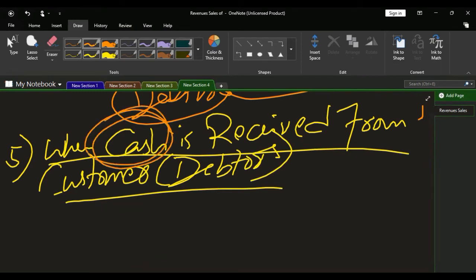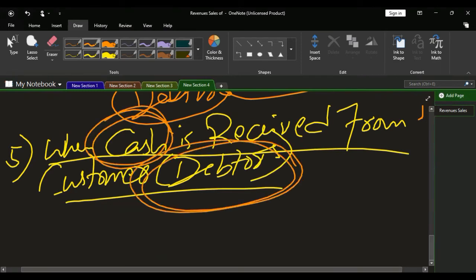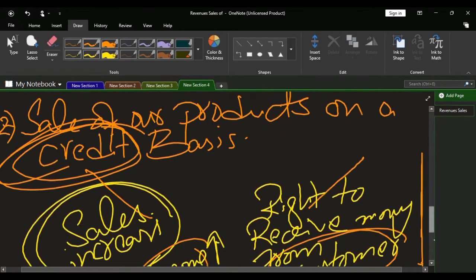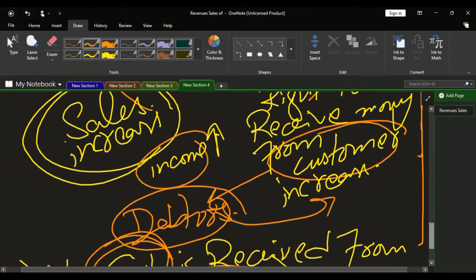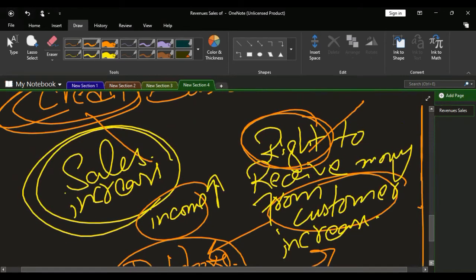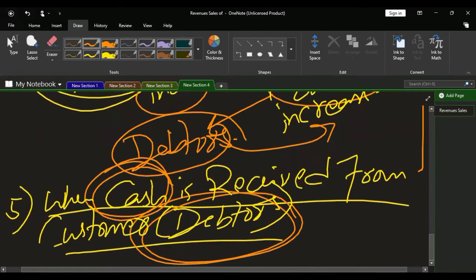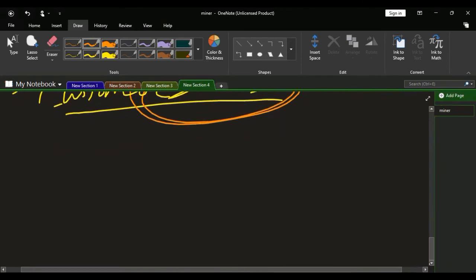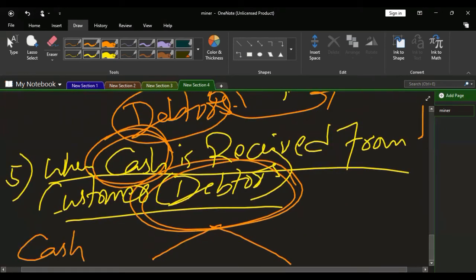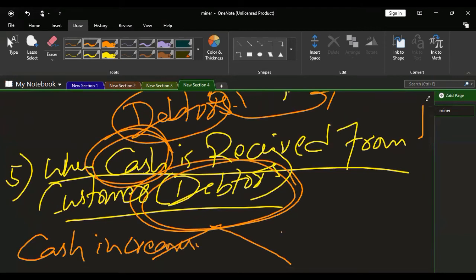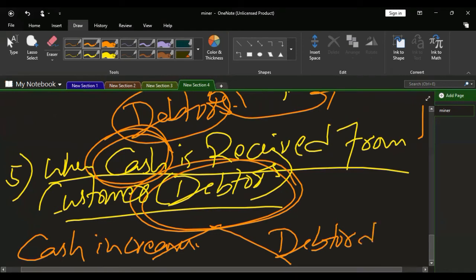Firstly the cash, and the other one is debtors, from whom we have created a right to receive in the previous transaction. Now firstly cash increases, and the other one is that debtor decreases.